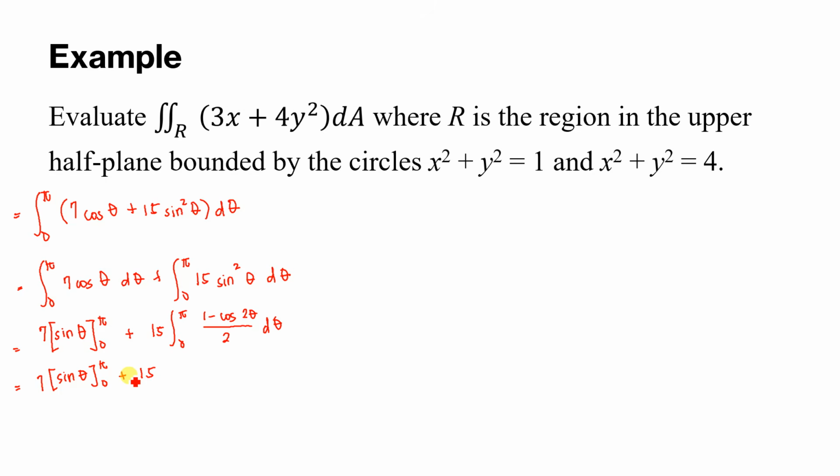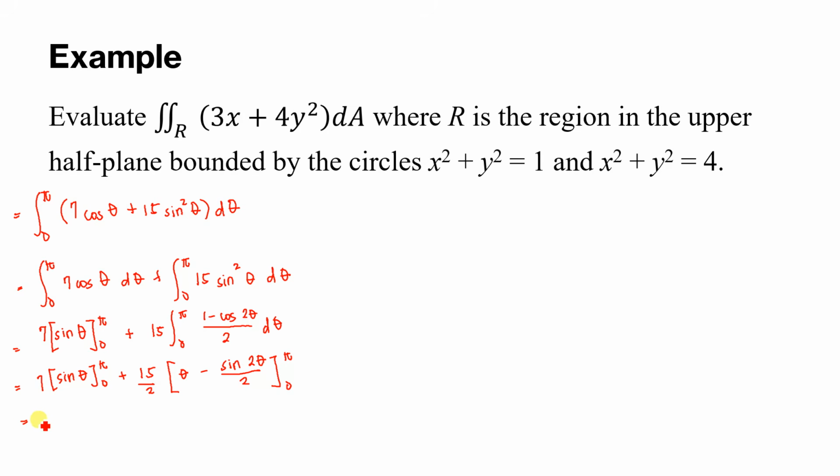If we are going to integrate, we have a common factor of 1 half. So we can have 15 over 2 times theta minus sine 2 theta over 2, from 0 to pi. So substitute.